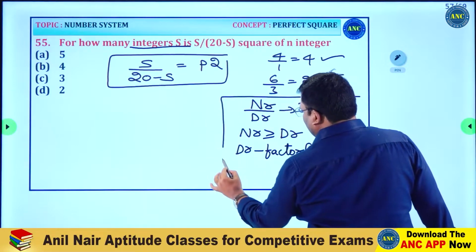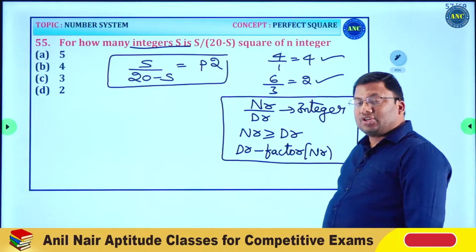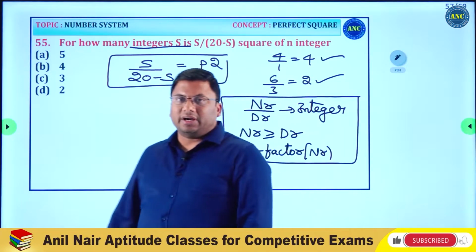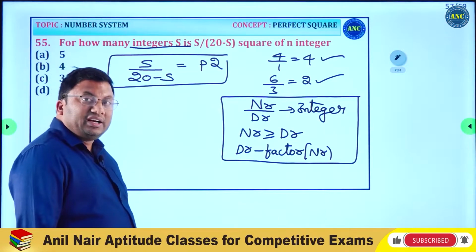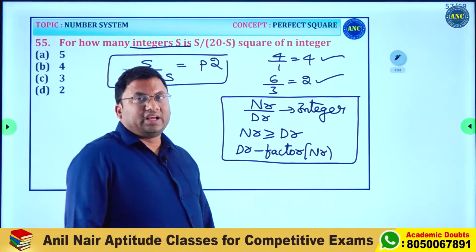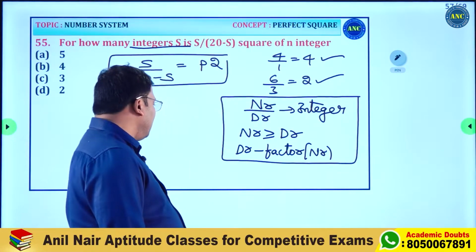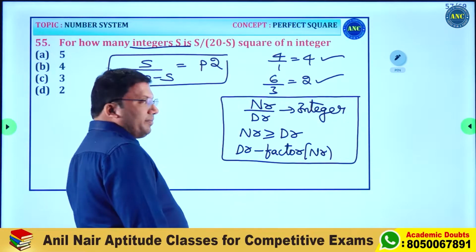Please make a note. For a fraction, numerator by denominator, to be an integer, what are the two conditions? Numerator should be greater than or equivalent to denominator, and denominator should be a factor of numerator.